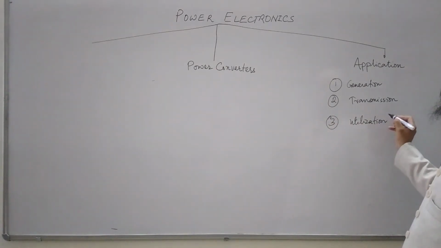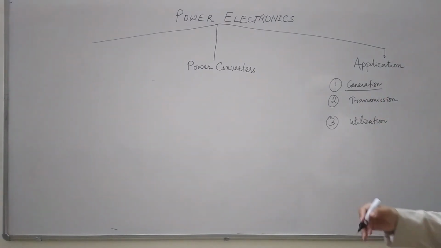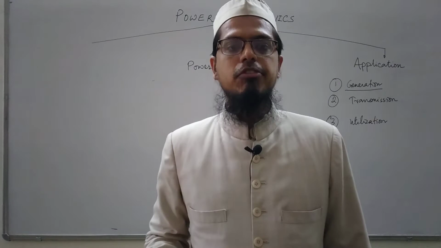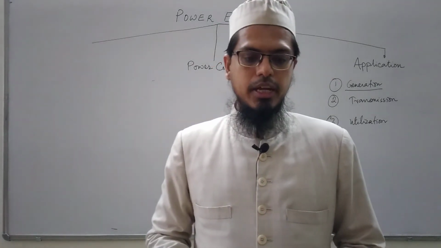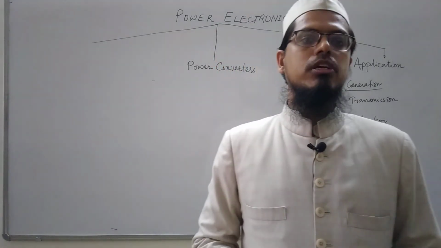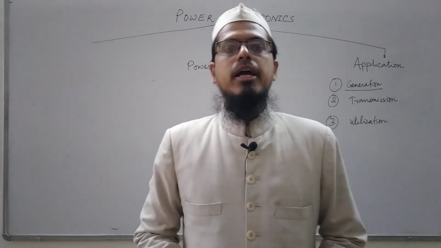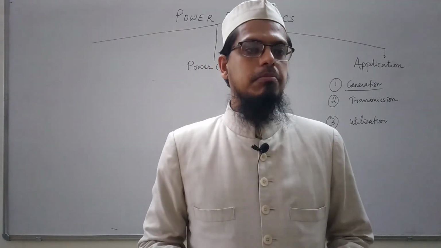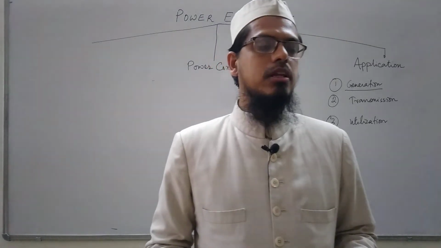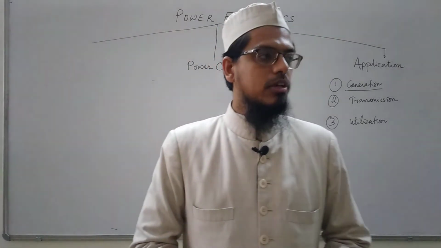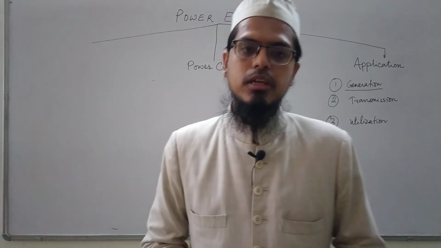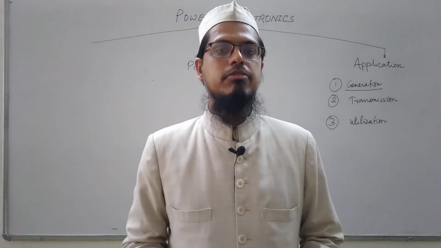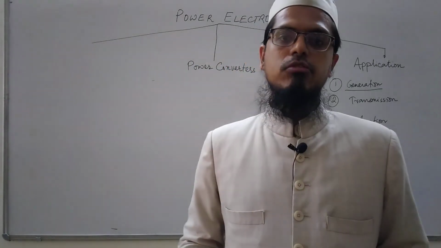In generation, nowadays we are moving towards renewable energy sources of generation. The power generated by non-conventional sources like solar PV is DC in nature, that has to be converted into AC, then only it can be fed to the grid. So we require inverters there.